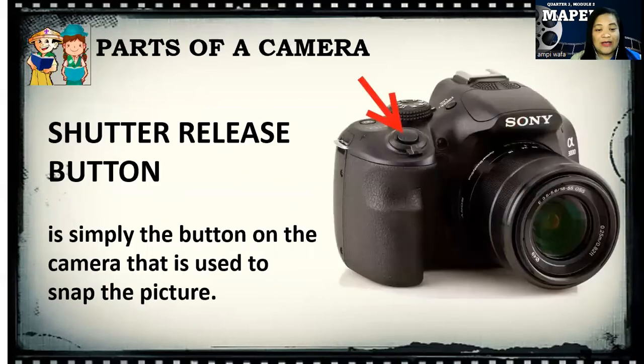And lastly, we have the shutter release button. It's simply the button on the camera that is used to snap the picture. Okay, see the arrow. And remember the parts and the functions of the camera.